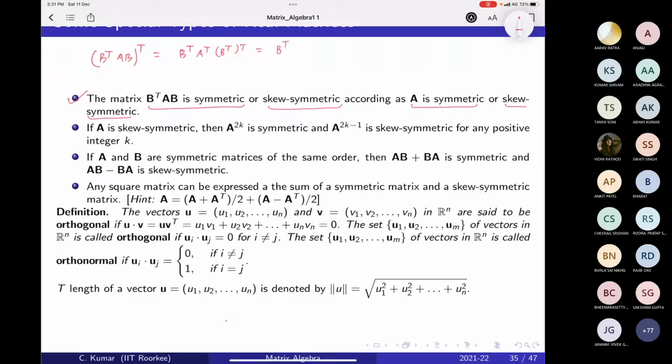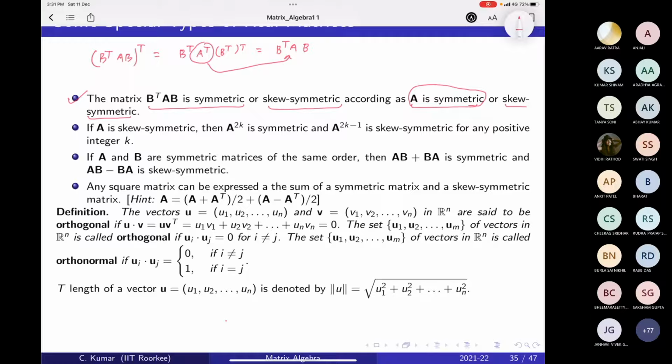A is a symmetric matrix, that means A transpose that we have here in the product will become A, and B transpose will become B. So from here we can say that B transpose AB is a symmetric matrix.